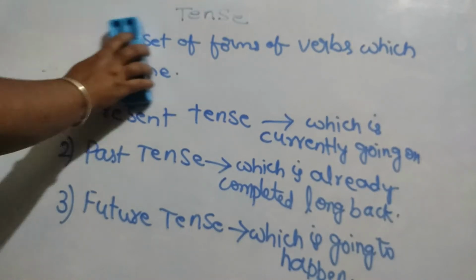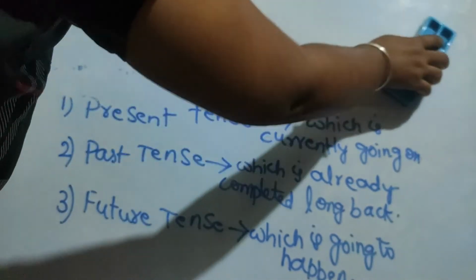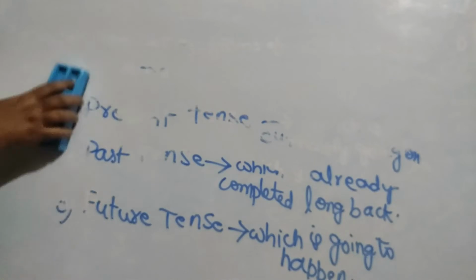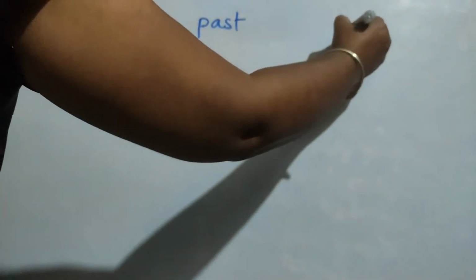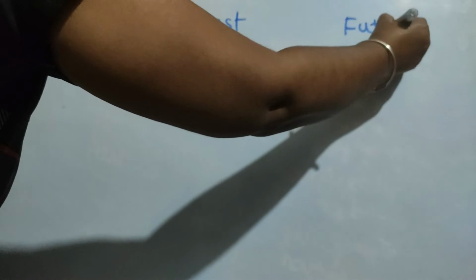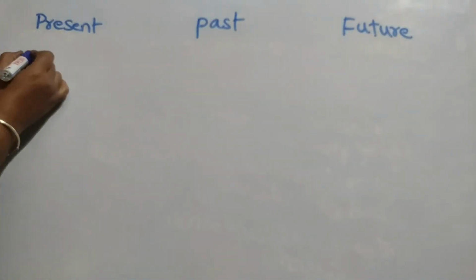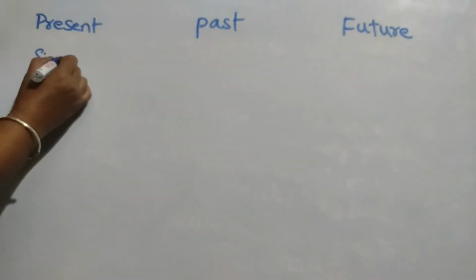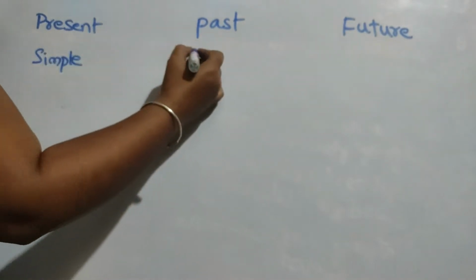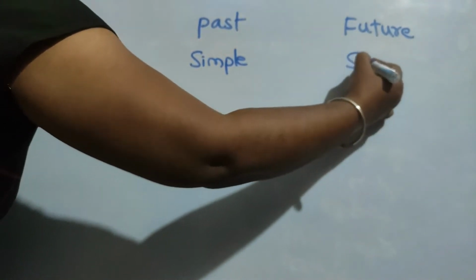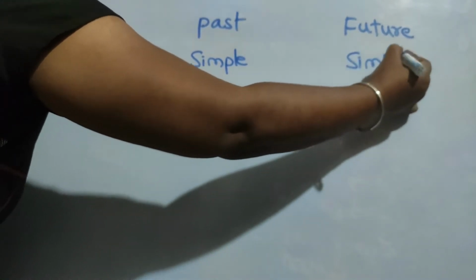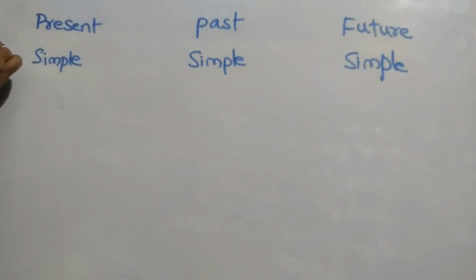Now I will tell you what the subdivisions of each tense are. Present, past, future. Simple present, simple past and simple future tense. This is the first category.